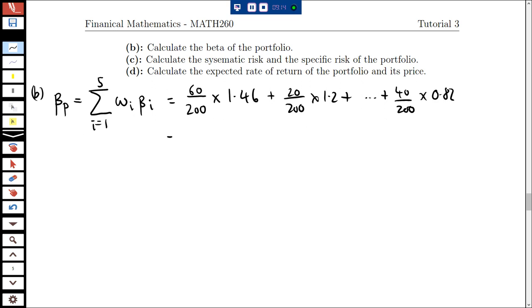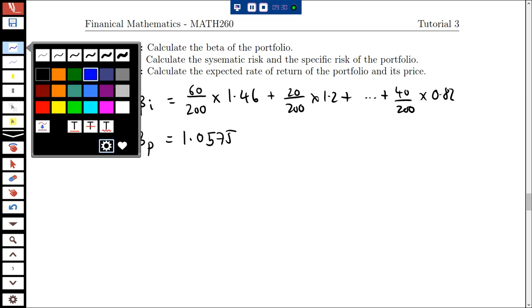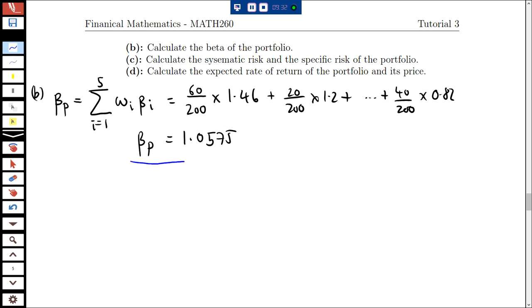The beta of the final stock is 0.82. So if we add all those up, the beta on the portfolio is 1.0575. Okay, let's calculate the job. And that completes part B.